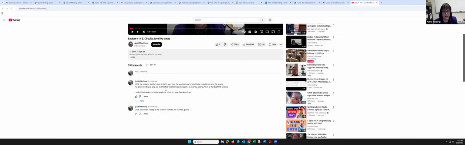The next point I wanted to make is that VCC, which they talk about a little bit here, why do they use the subscript CC? Well, it refers to common collector. So what they're saying is both go to ground.